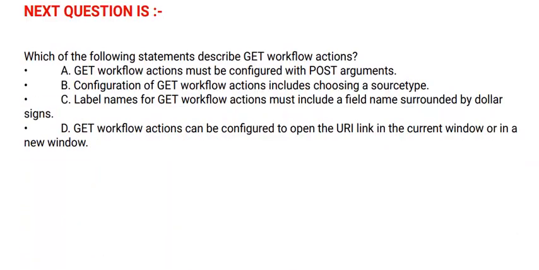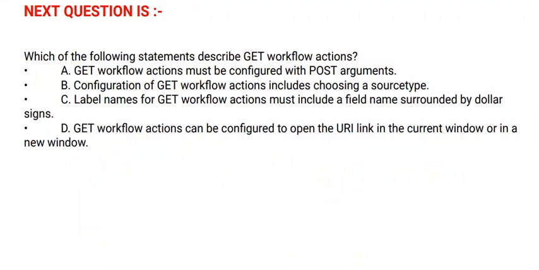Next question is: which of the following statements describe GET workflow actions? Option A, GET workflow actions must be configured with POST arguments. Option B, configuration of GET workflow actions includes choosing a source type.